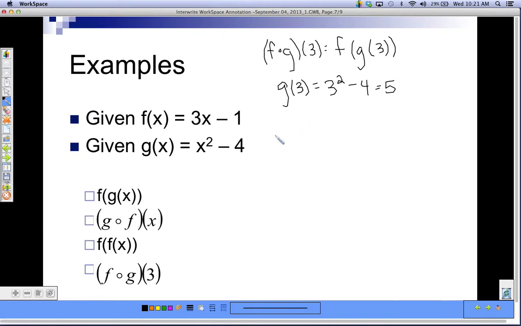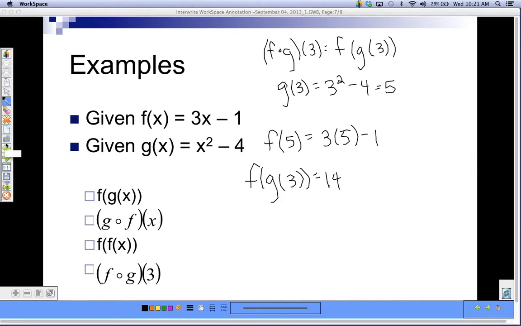So now we're going to take f and plug in 5. So 3 times 5 minus 1. So f of g of 3 is equal to 14. Notation looks scary, but it's not too bad.